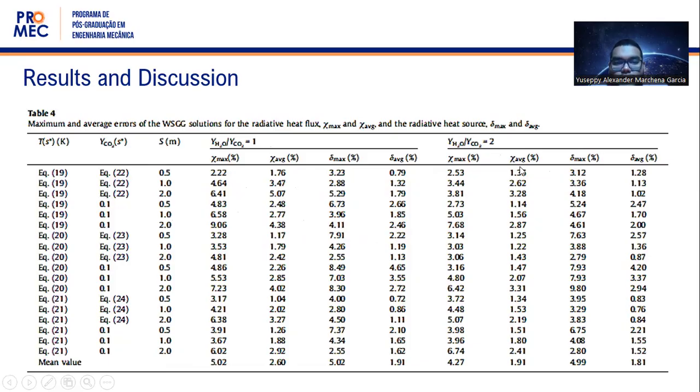The results summarized in table 4, together with figures 7 to 10, show that the accuracy of the WSGG model is not significantly affected by temperature gradients. As we have seen before, we worked with profiles where the temperature did not have a strong variation. In figure 10, we work with a very strong variation of temperature.